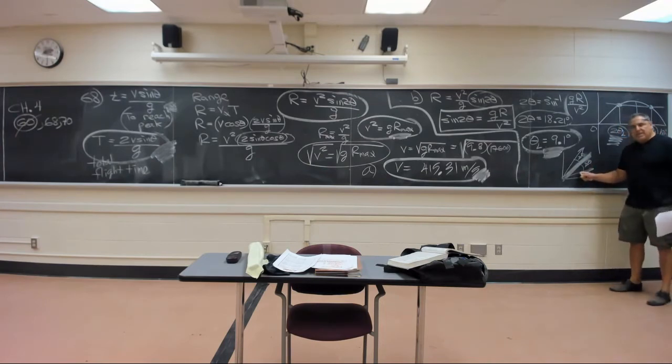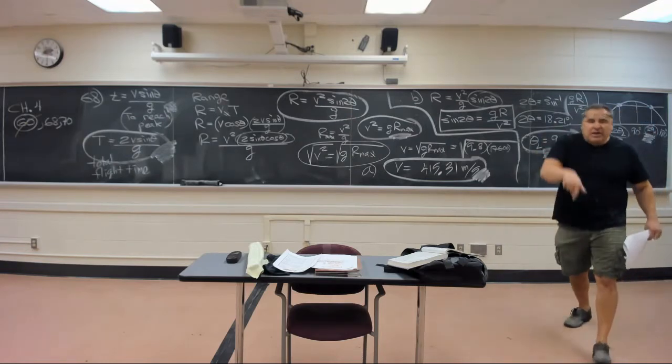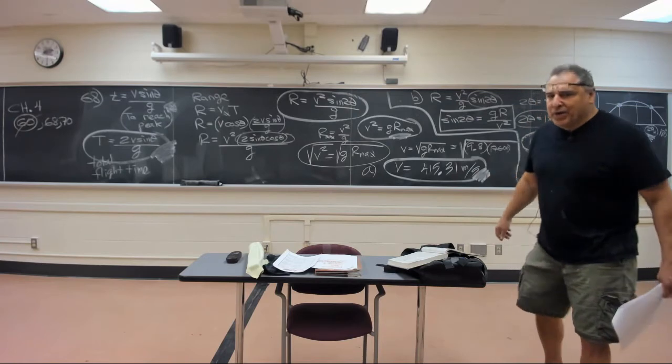If this was a 30-degree angle, how far underneath is a 30-degree angle from a 45-degree angle? It's 15 lower. You subtract 15 from 45, you get the 30. If you add 15 to 45, you get 60. So the 60-degree angle and the 30-degree angle are the two angles that'll give you the same range. That's one way you can do it.